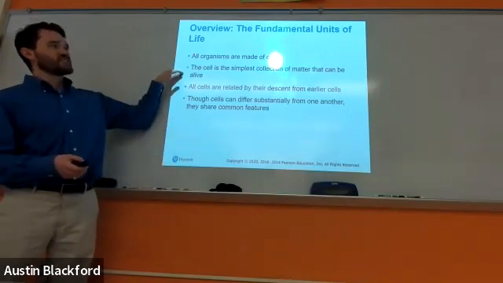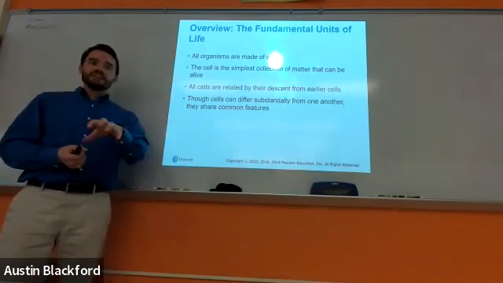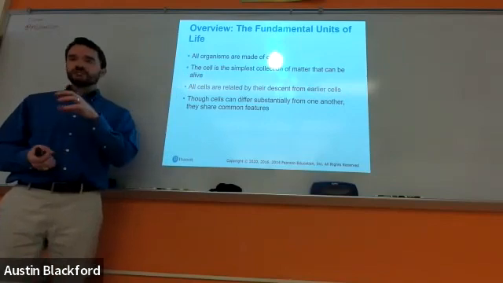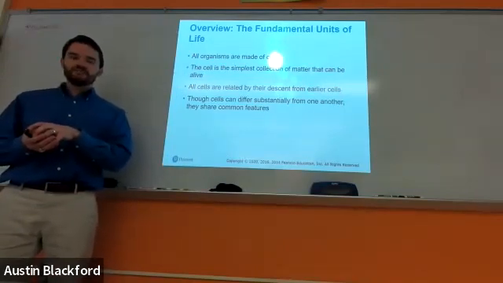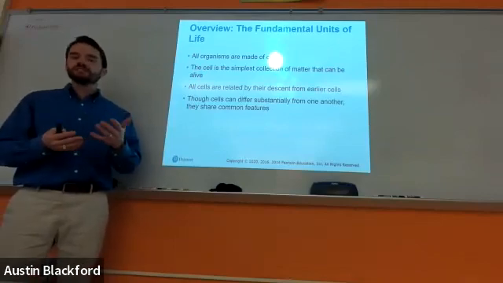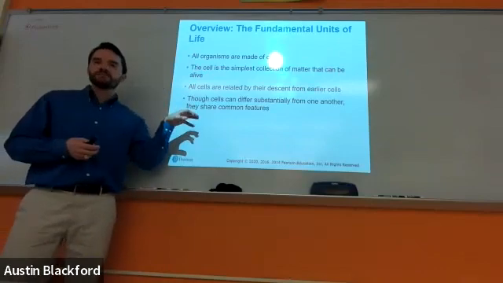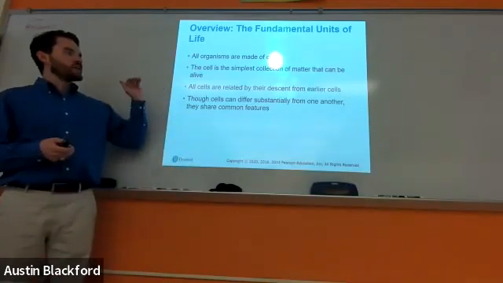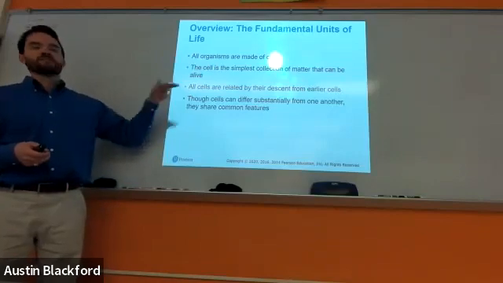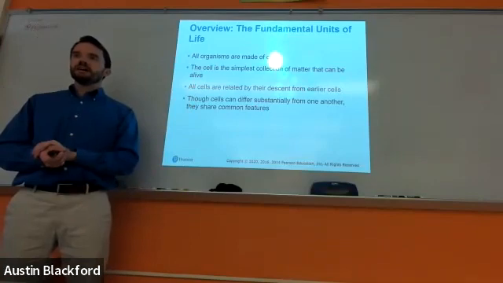The cell is the simplest collection of matter that can be alive, meaning you can take a cell from your cheek, put it into a plate, and that cell will be able to survive by itself, assuming you give it nutrients and stuff like that. Whereas you can't remove the Golgi apparatus from a cell and let it be self-sustaining. And all cells are related by descent from earlier cells, meaning all cells come from a pre-existing cell.